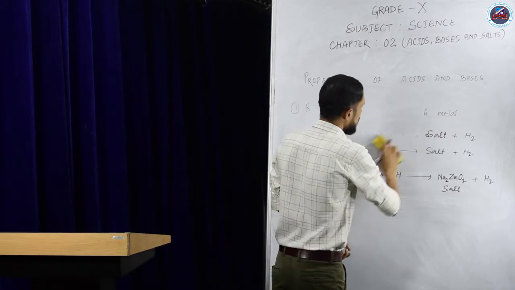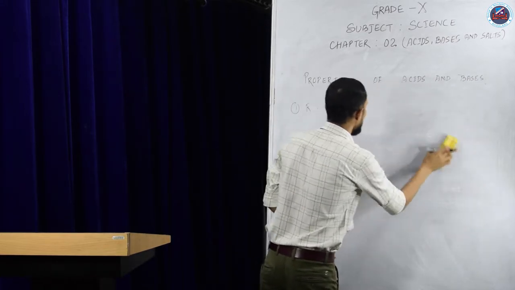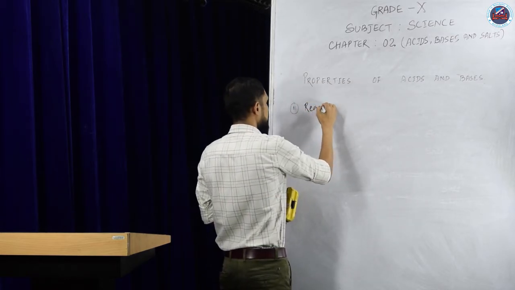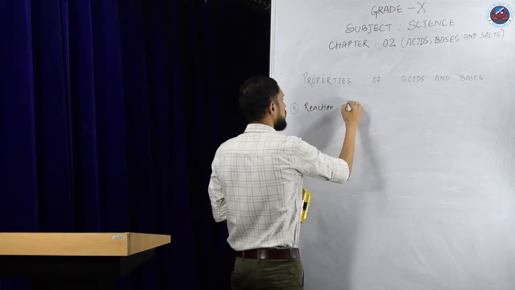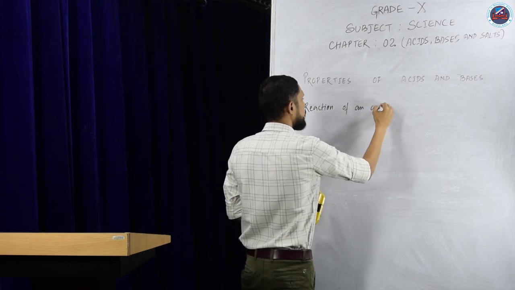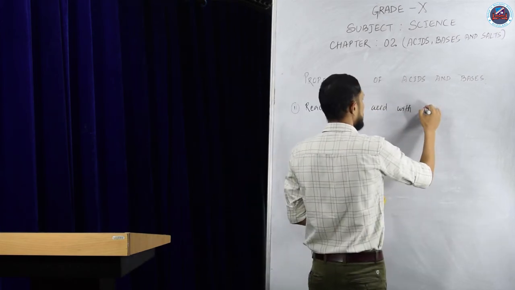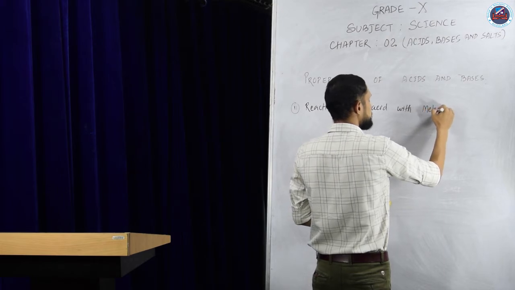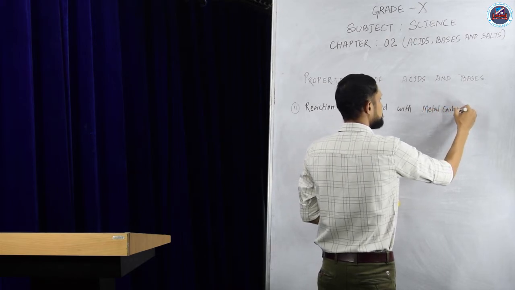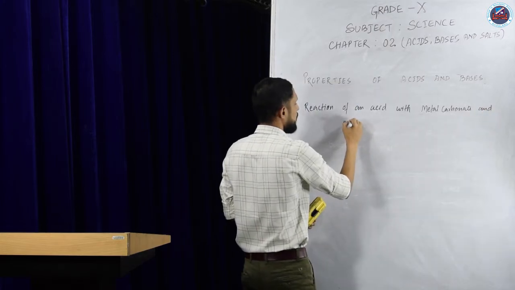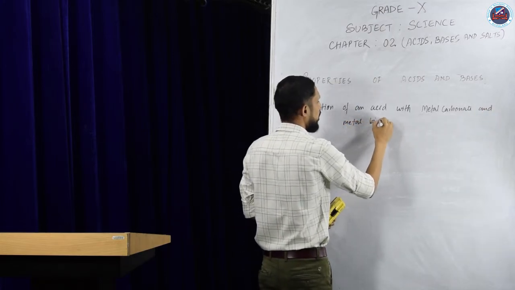Next, let us see the reaction of acid. Second property, reaction of an acid with metal carbonate and metal bicarbonate.